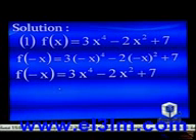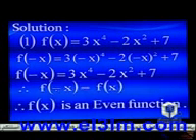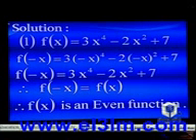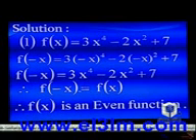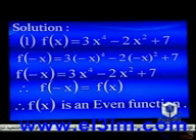Therefore we say that f of negative x equal f of x, and then f of x is an even function. اوكي خدنا بالنا؟ يبقى هنا خدنا بالنا من الاكزامبل ان احنا طلعنا f of negative x، وبعد ما طلعنا f of negative x عملنا comparing لل f of negative x with f of x، لقينا الاثنين similar exactly.